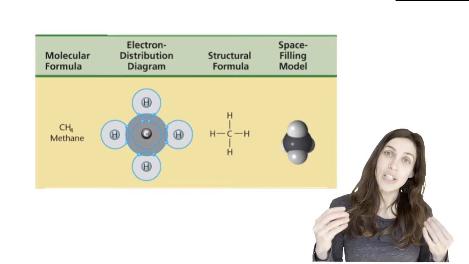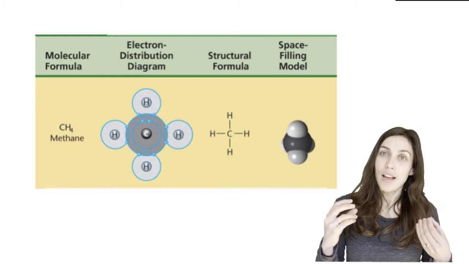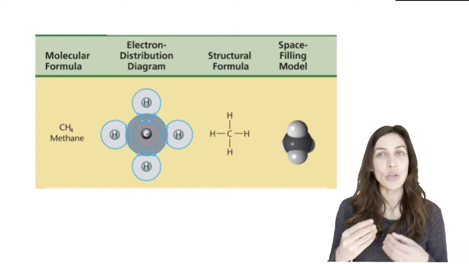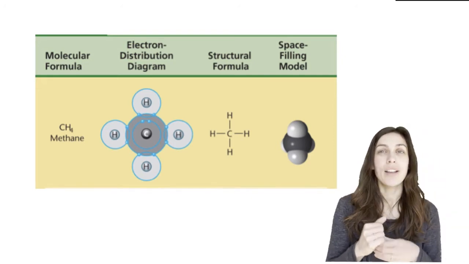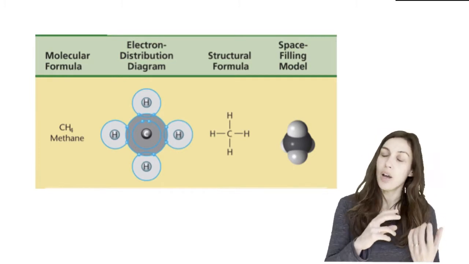So the electrons that are shared, as in a covalent bond, between hydrogen and carbon are shared about evenly. So those shared pairs of electrons spend about the same amount of time in between the nuclei of both carbon and hydrogen.